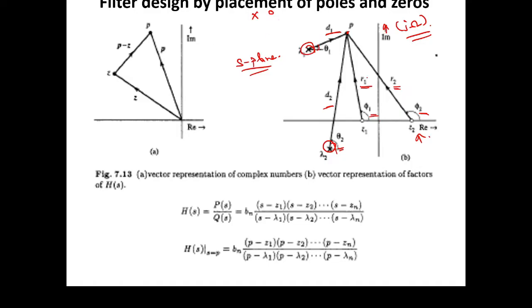However, the imaginary axis is the only axis where your values depend on the frequency component only, and the real component is 0. So if you try to find Hs, which corresponds to the gain of the system, Hs is regarded as the transfer function of a given system.